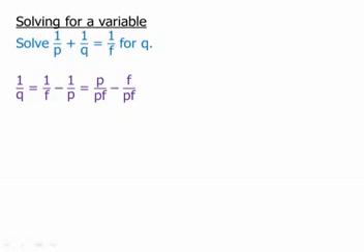We get this. We combine the fractions to a single fraction. Well, now we have a single fraction on both sides of the equation. 1 over q equals the single fraction p minus f over pf. Well, now we can take the reciprocal of both sides, and we get q equals pf over p minus f. And that is the correct answer.